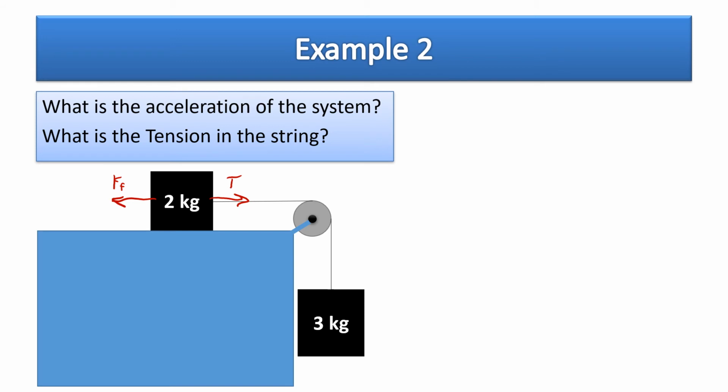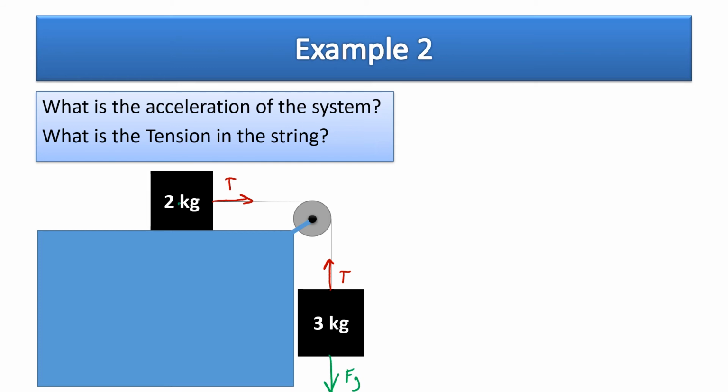But for now, we're keeping it relatively simple: you have a tension here, which is the same as this tension here, and you have the weight Fg of the 3 kilogram block.